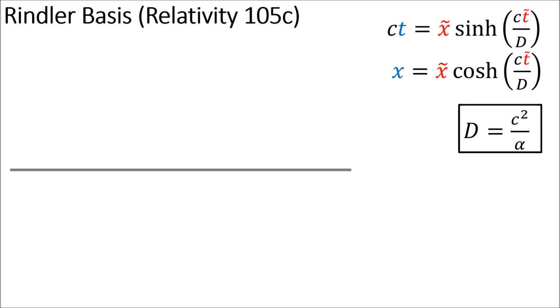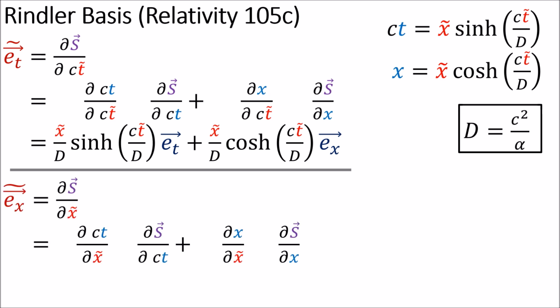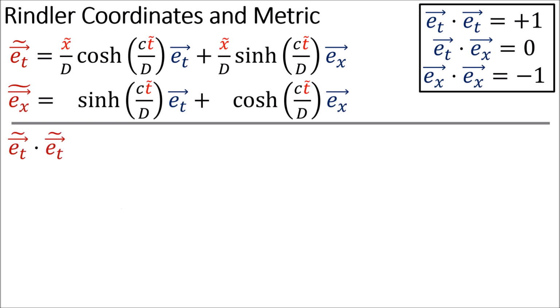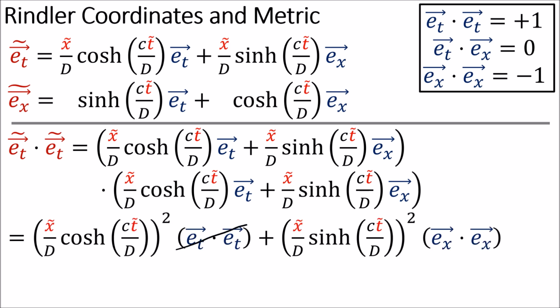From Relativity 105C, we learned the multivariable chain rule formulas for changing from the inertial basis to the Rindler basis. So we can take e_t tilde dot e_t tilde and expand it in terms of the e_t and e_x basis vectors. After we distribute, the e_t dot e_x terms go to 0. And remember, e_t dot e_t equals positive 1 and e_x dot e_x equals negative 1.